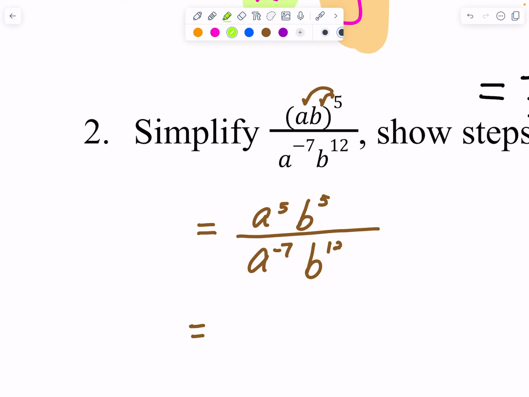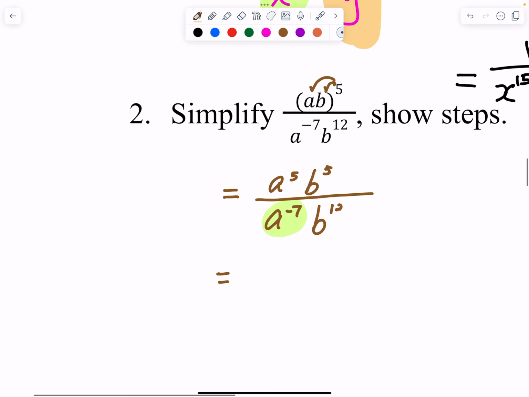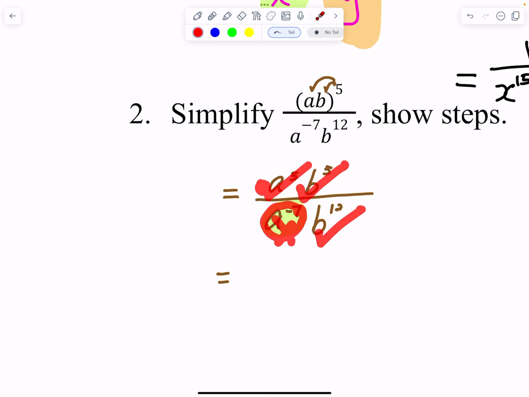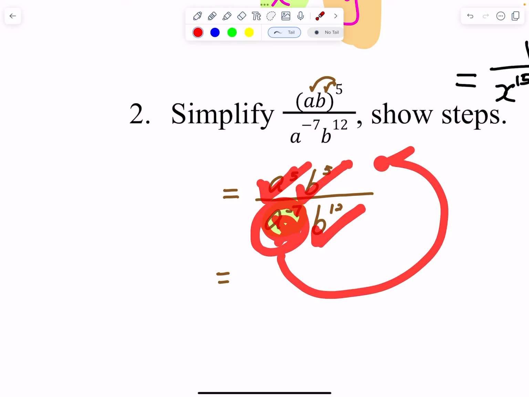Next step, any negatives? Oh, yes, we do! If there are any negatives, change the positions. What does change the position mean? Okay, let's do it one by one. Is this negative? No. Is this negative? No. Is this negative? Yes. Is this negative? No. So these three take no change. Only this one goes up.